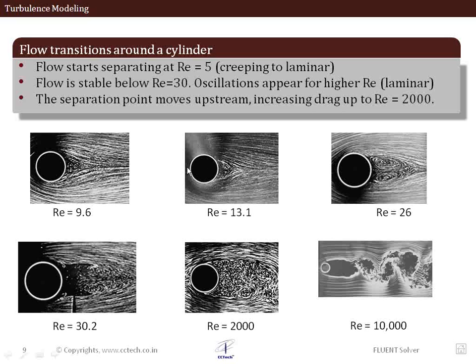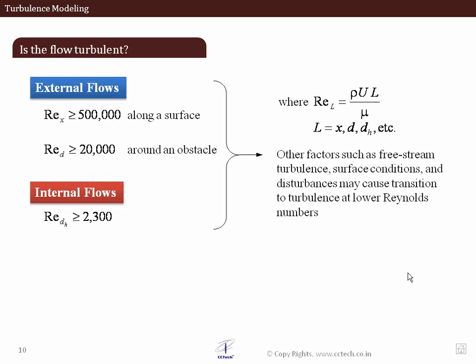There is a separation bubble formed here, and this separation bubble starts becoming unstable if you increase the Reynolds number beyond a value of something like 30, that the oscillations start occurring. So there's a small push because of which these vortices behind start fluctuating all the way to a turbulent flow regime. As you can see here, it's a highly unsteady and non-periodic phenomenon in space and time. So this is another example of how turbulence sets in.